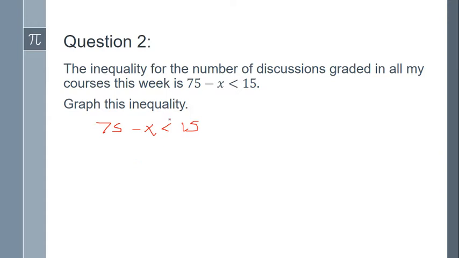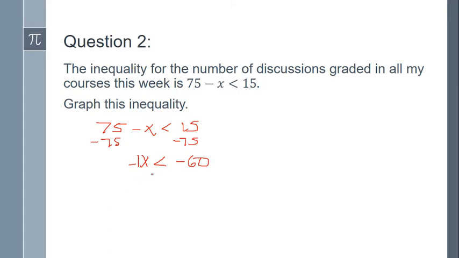To isolate the x term, I need to get rid of this positive 75, so I subtract 75 from both sides of the inequality. Then I get that negative x is less than 15 minus 75, which is negative 60. Now we have one last step. We don't see a number 1 here, but when we have no coefficient it is a 1, in this case a negative 1.